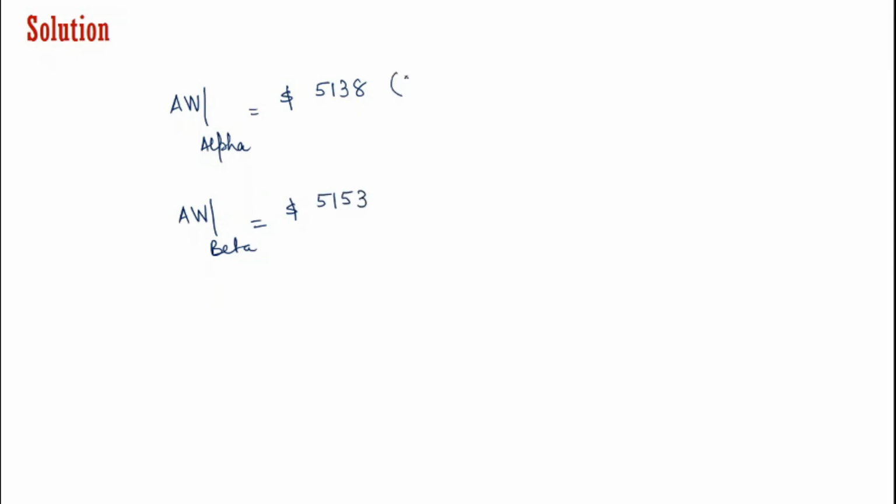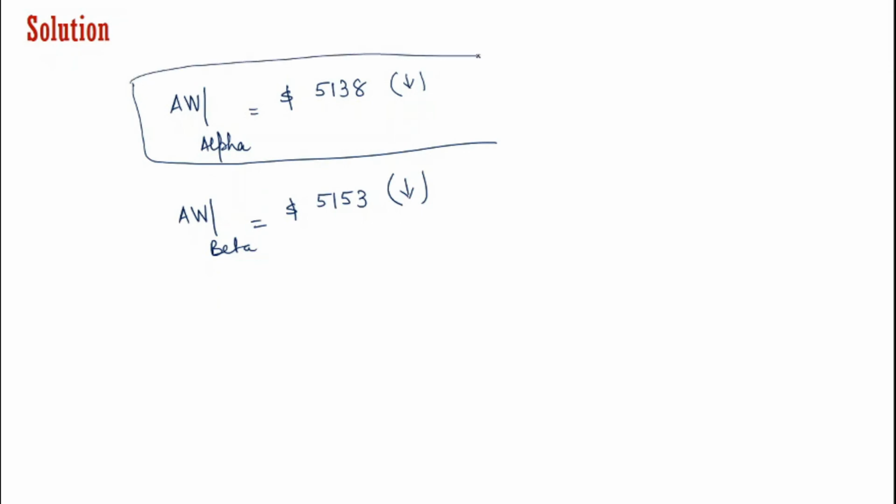Now both the transactions are in downward direction, so that means it is a kind of expenditure. So the preferred option is the one where we are having less expenditure, and if we compare the two, model alpha will be the preferred one because the expenditure is less as compared to the model beta. So this is the preferred option or alternative.